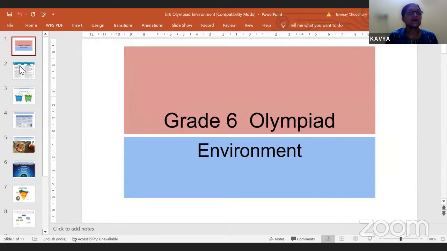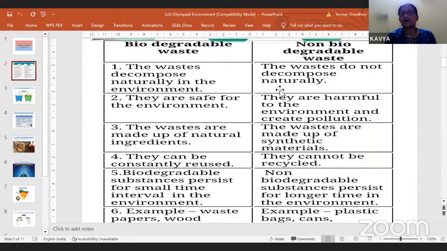Okay. So in this, we had started with the type of wastes, biodegradable and non-biodegradable.